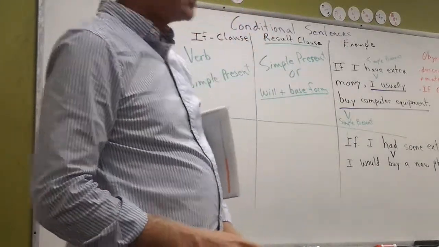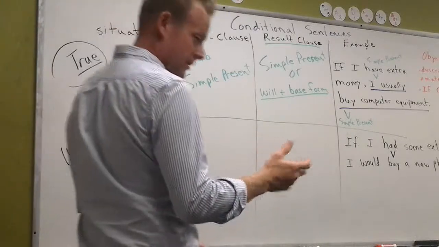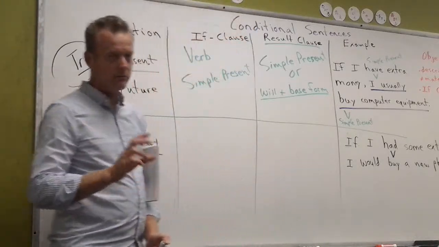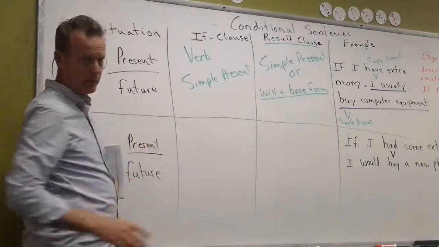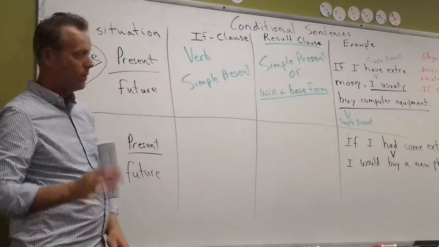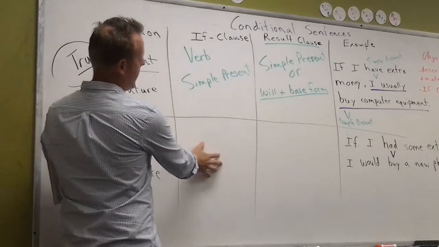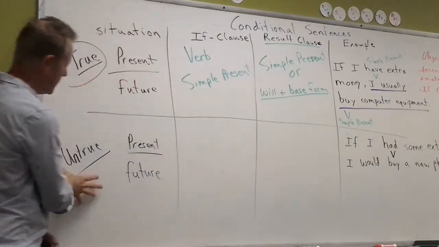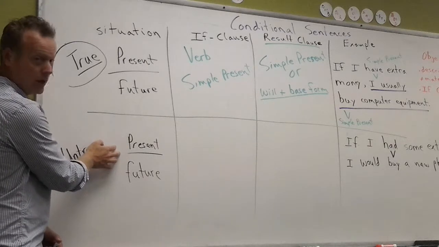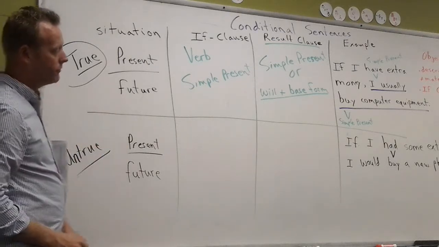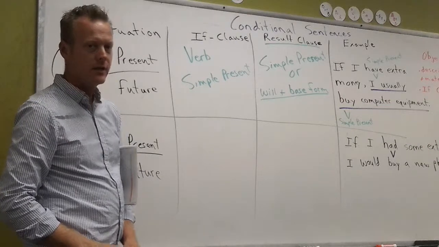Well, that's what's exciting. These are special rules for using the conditional. It's always going to work the same depending on what you're trying to do. So maybe it will help you to see what we need to have. If we want to create an untrue in the present or the future, we need what verb tense in the if clause?